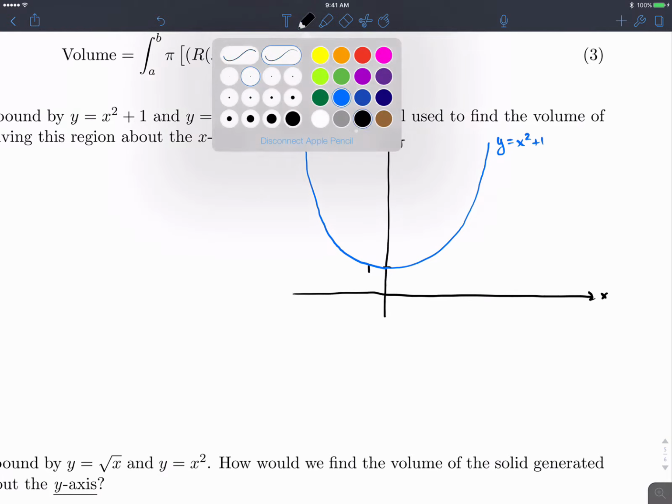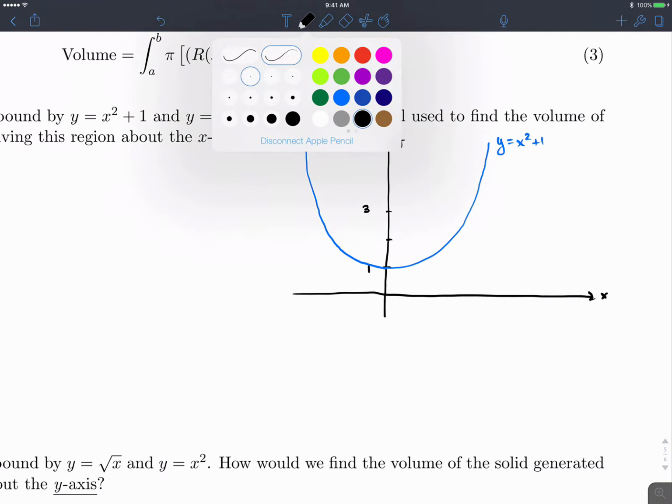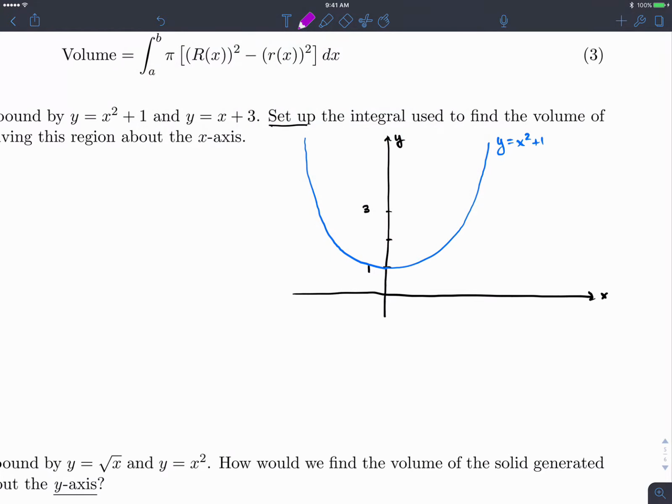And then x plus 3 is a linear function with a slope of 1 that has a y-intercept of 3. So if we were to draw that curve, again, I don't think I'll have this perfectly to scale, but hopefully you guys get the idea. This is going to be y equals x plus 3.